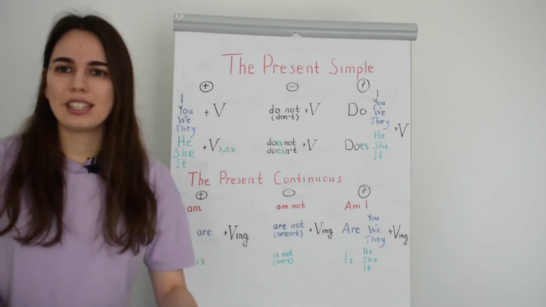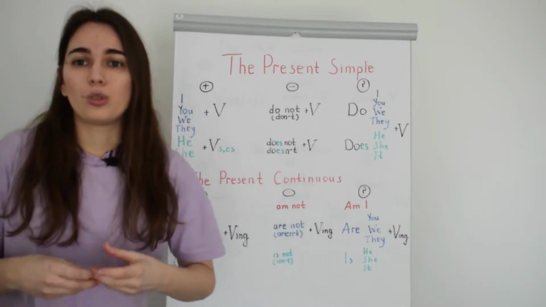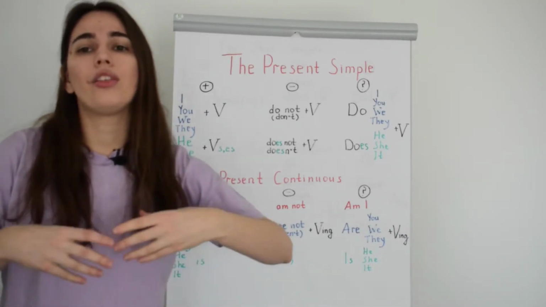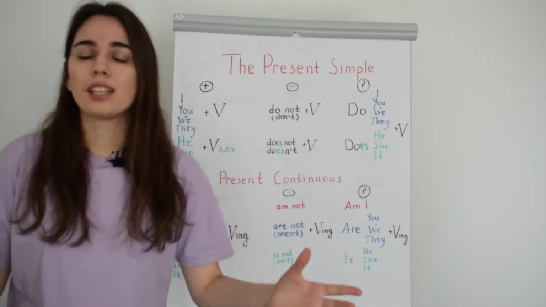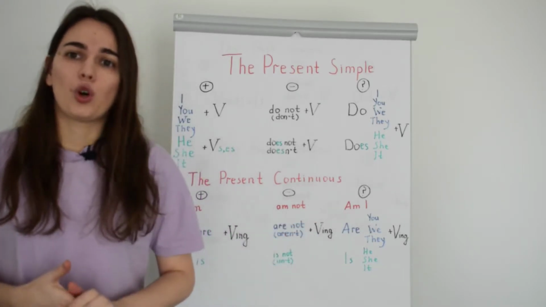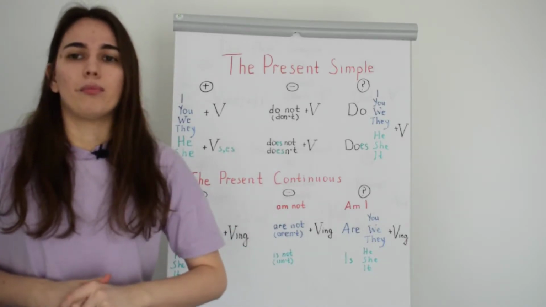So, as you see, we use the present simple in order to talk about everyday routine, about things in general. For example, I read books. It means that in general I read them. So maybe sometimes, maybe usually, maybe never.